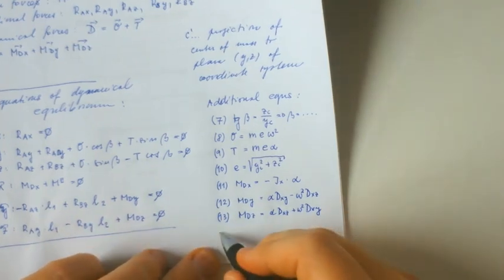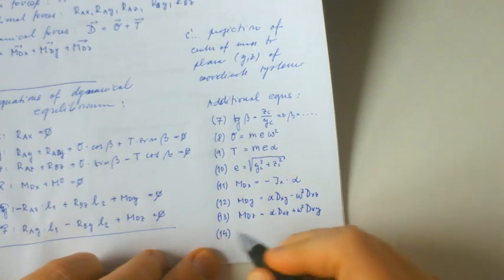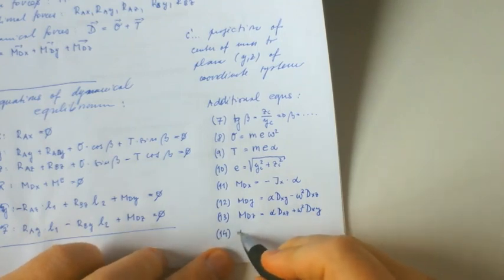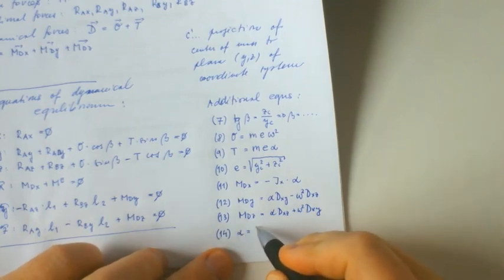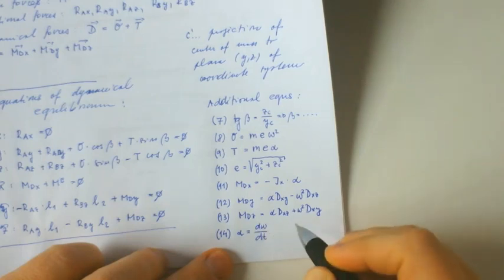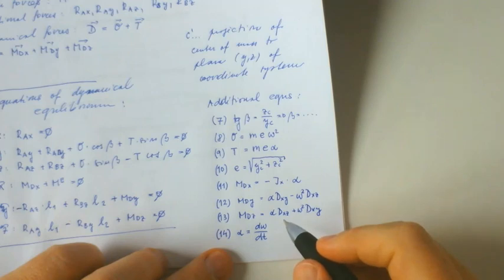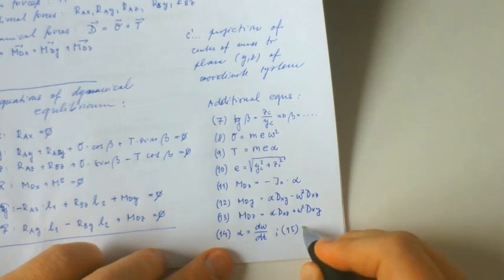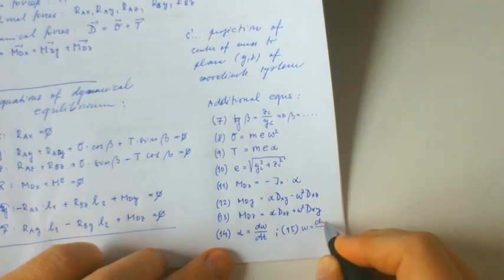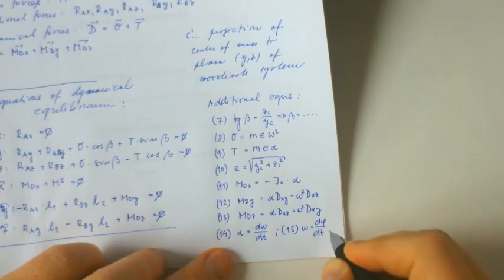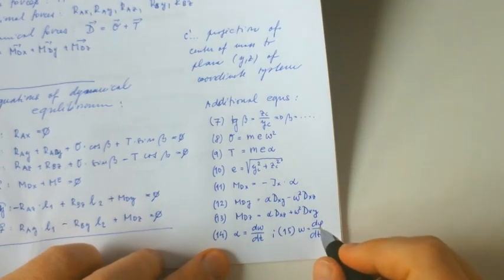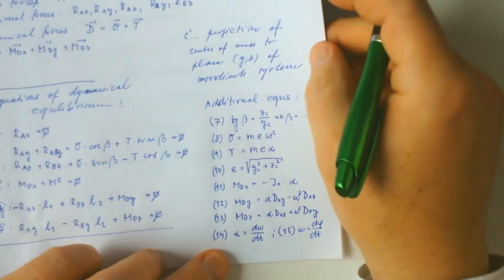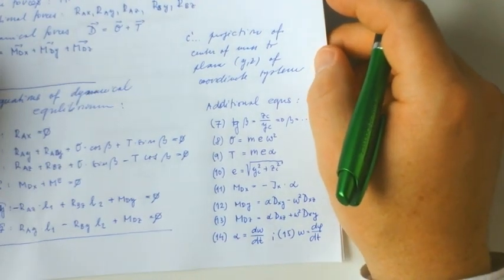And there are also some kinematical dependencies. So alpha is d omega over dt, and we will use it later. 15. Omega is d phi over dt, but at this time we don't know what is phi. We will know it later.